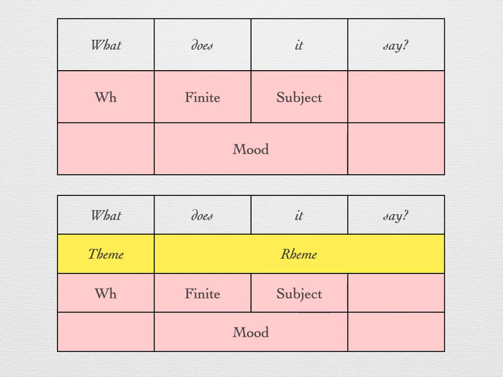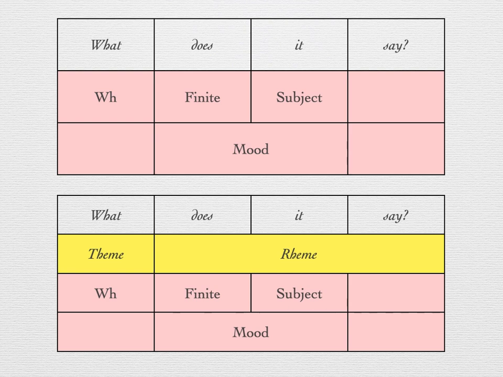And if we now look at the other type of interrogative, the WH interrogative, okay, what does it say? We see that the WH element is a separate interpersonal element. It may or may not be the subject. In this case, it isn't the subject. It's a complement or object.